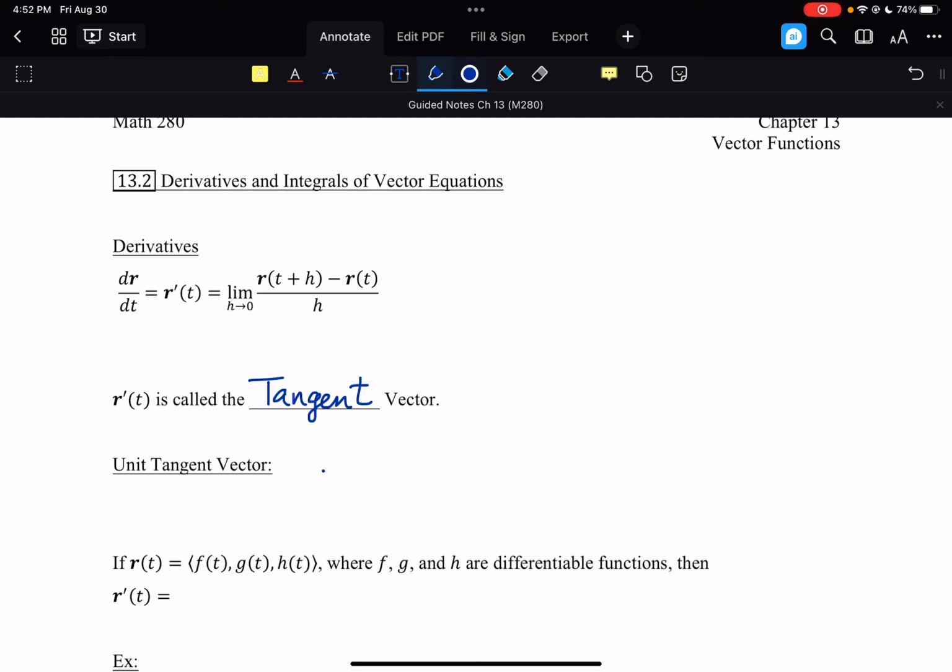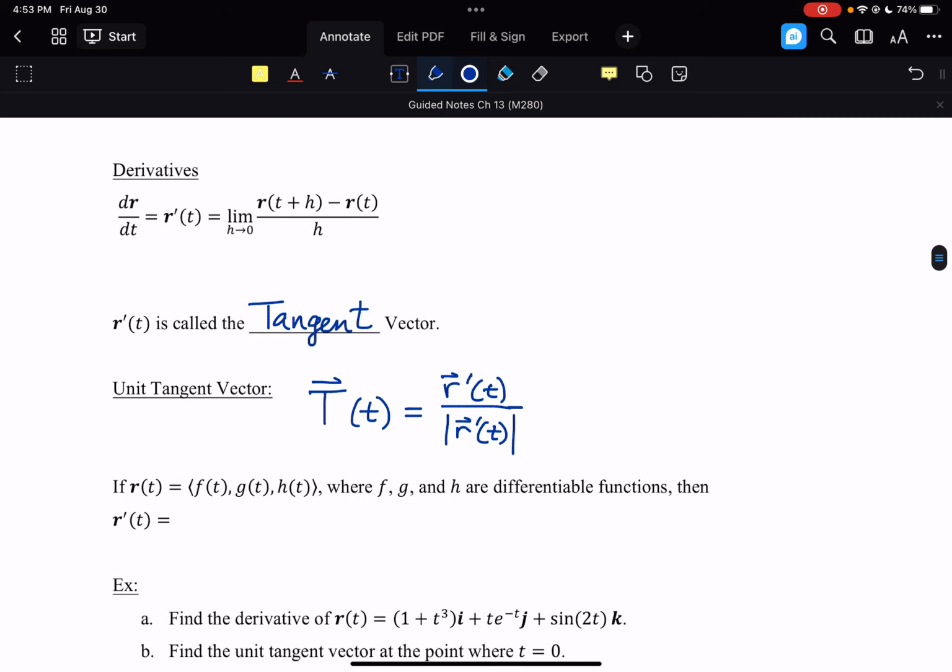The notation we use is capital T of t, where capital T represents the unit tangent vector and little t is still the parameter. T of t equals r prime of t over the magnitude of r prime of t. So it's the same direction as this vector, but now it's been divided by its own length, so the length of this vector is 1.